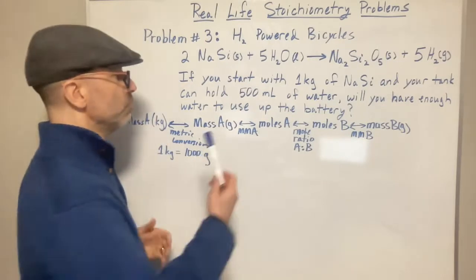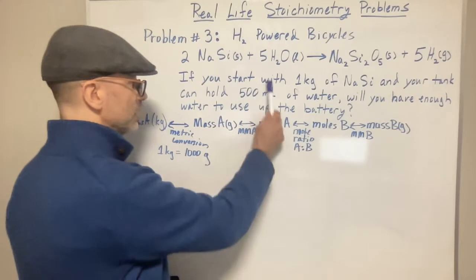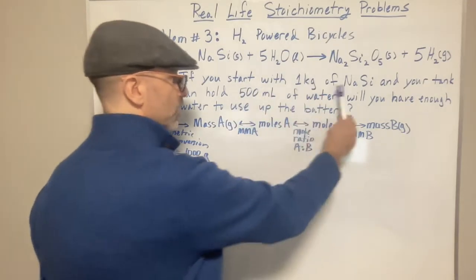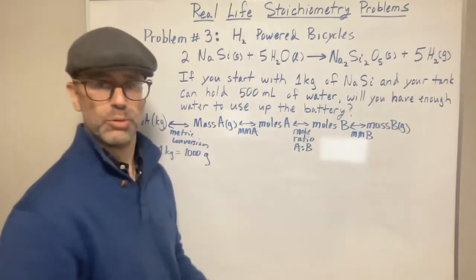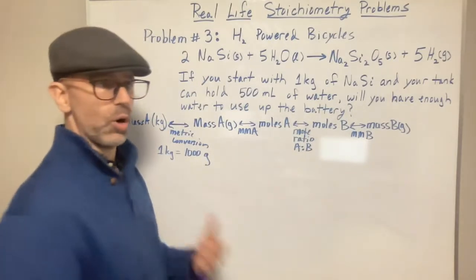So will we have enough water to react? Will this amount of water be enough to react with this amount of the sodium silicide, which is really what the question is asking. So what do we do?